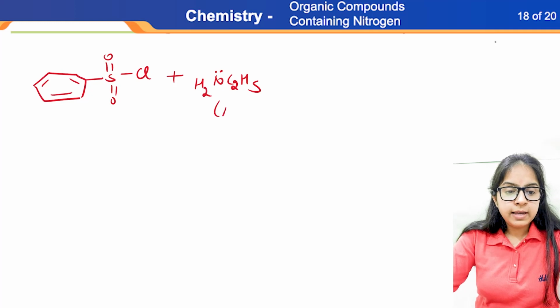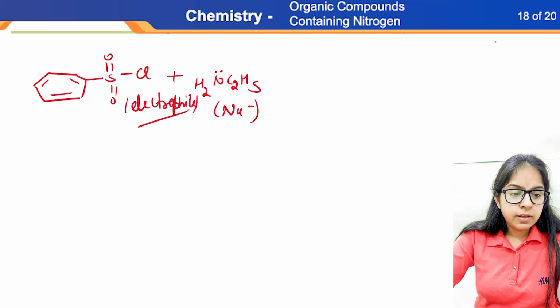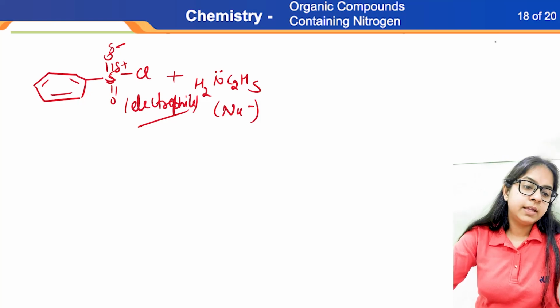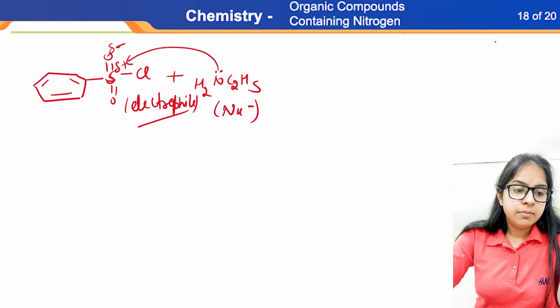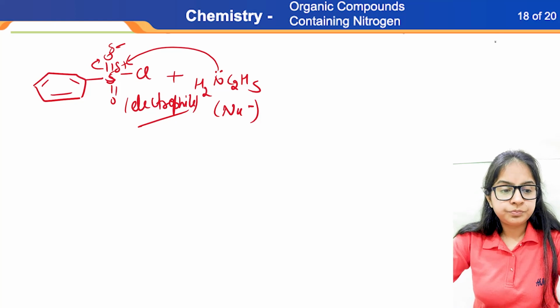Remember, a nucleophile is going to attack an electrophile. How will it react? This will be delta positive, this will be delta negative, because chlorine and oxygen both are more electronegative than sulfur. So nitrogen is going to attack on this, but sulfur cannot form more than 6 bonds.